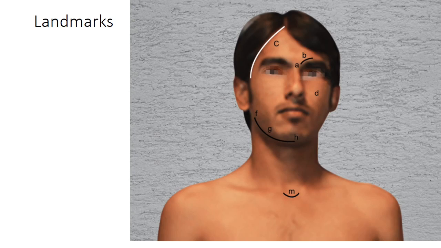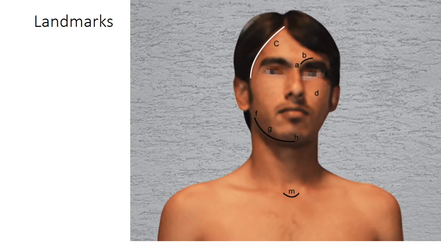Then we have D, the zygoma, which is the prominence of the cheek. Then we have F, the angle of the mandible. Then we have the base of the mandible. Then H1 is the symphysis menti. So these are the regions we all know about, right?